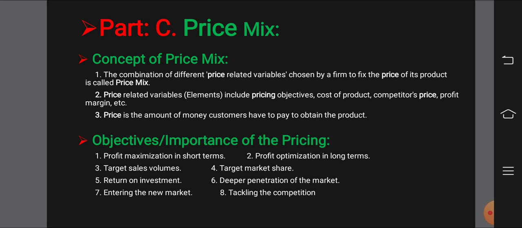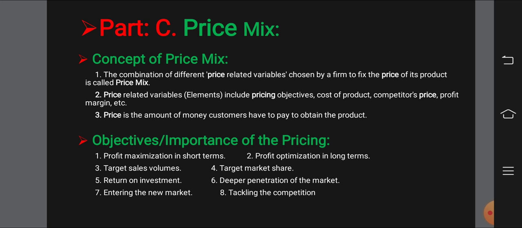Okay, are you getting this? Here the price of a particular product is determined using different parameters like pricing objective, cost of the product, competitors' price, profit margin, revenue generation expectations, and profit generation expectations.